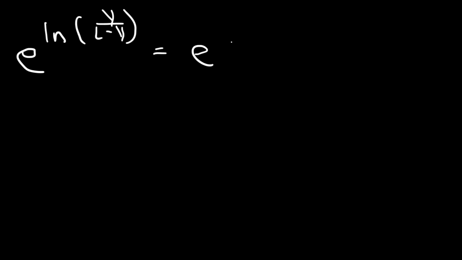So if ln y over L minus y is equal to kt plus c, we could say that e raised to the ln y over L minus y is equal to e raised to the kt plus c.